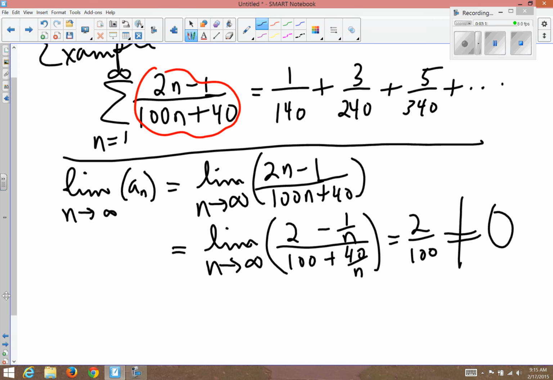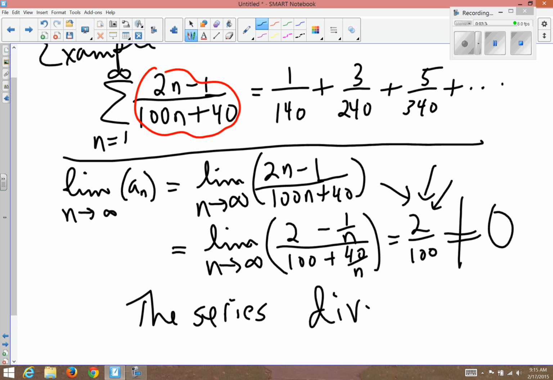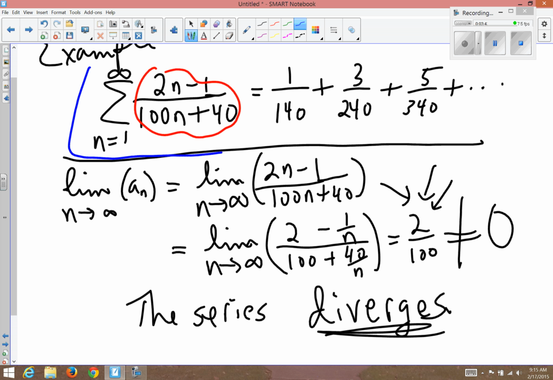Conclusion: when the limit of the nth term as n approaches infinity is anything other than 0, we say the series diverges. When I say the series, I'm talking about this or this.